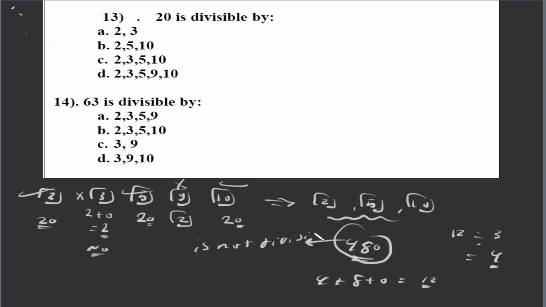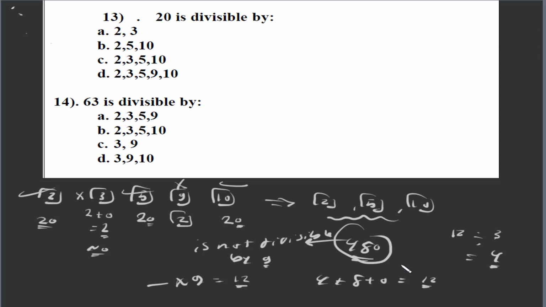By the way, this number is not divisible by 9. Why? Because the sum of its digits is 12. If I ask you 12 divided by 9 equals what? We have here 12 is not divisible by 9 because no number times 9 will give you 12.